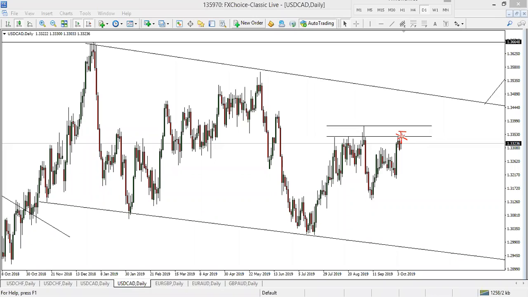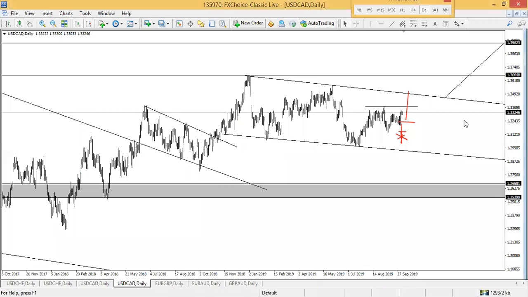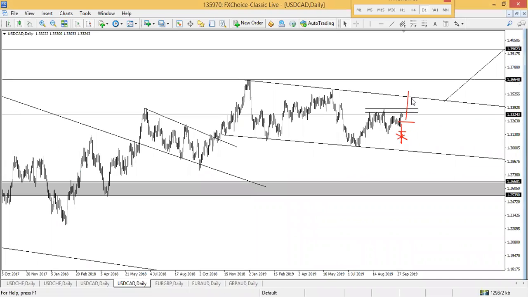If it breaks through this zone to the top side, then we could say this pair is going up, and it might even touch the bigger monthly trend line, and could even break to the top side.